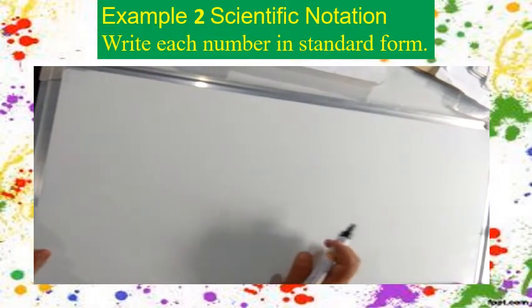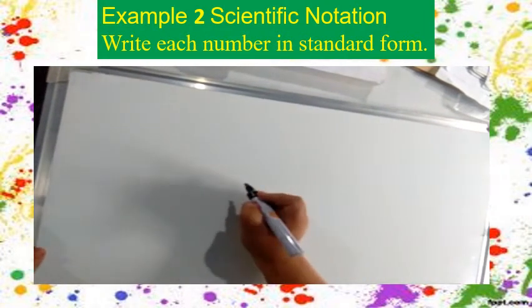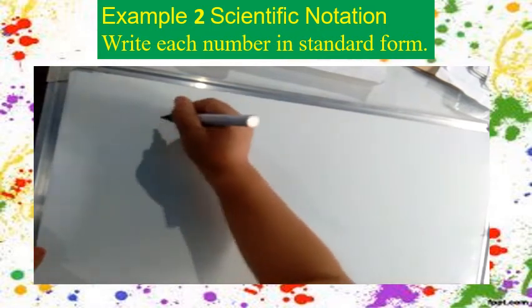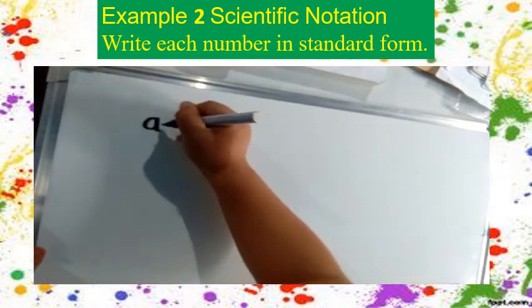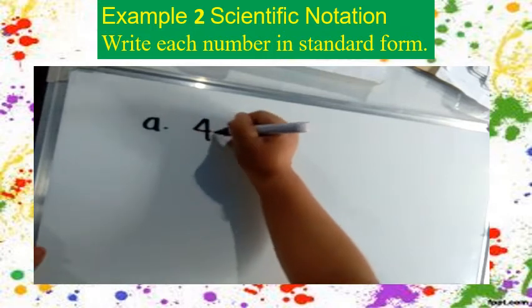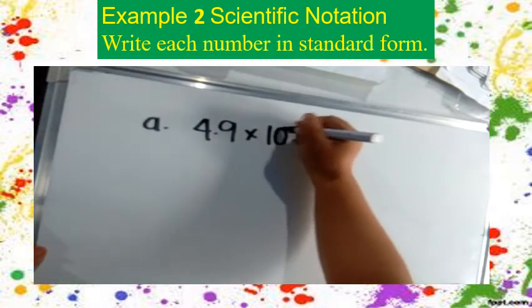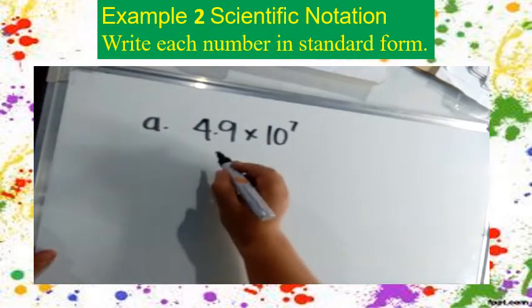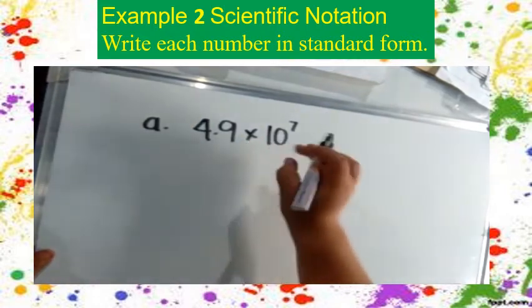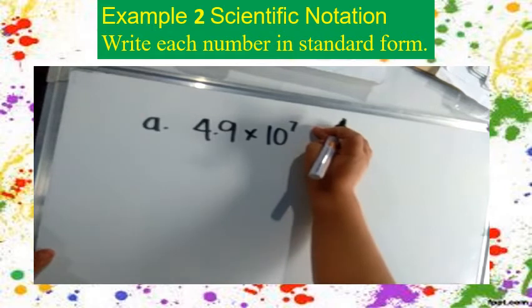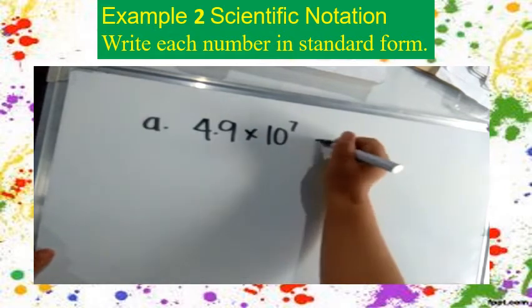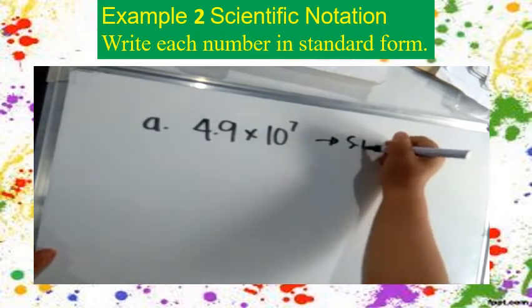This time, the given is in scientific notation. And then we are going to rewrite that into standard form. So this is the given: 4.9 times 10 to the power of 7. We are going to rewrite this into standard form.